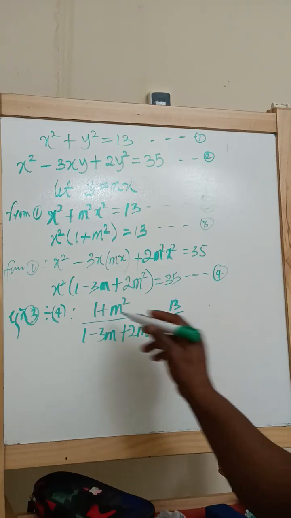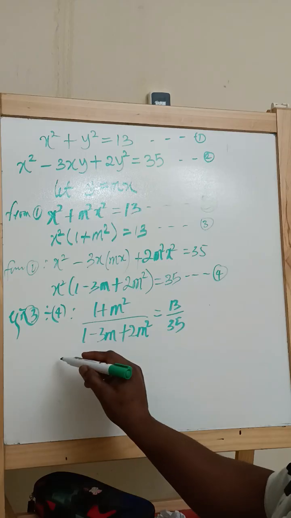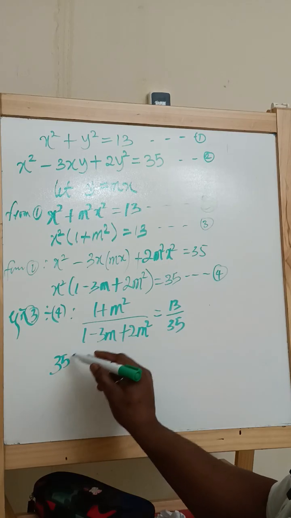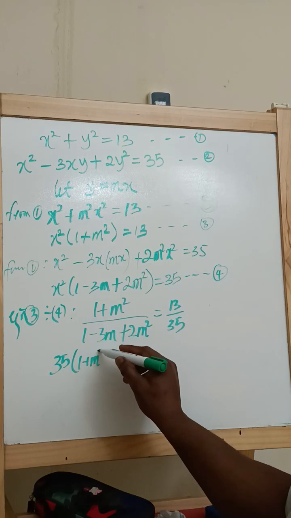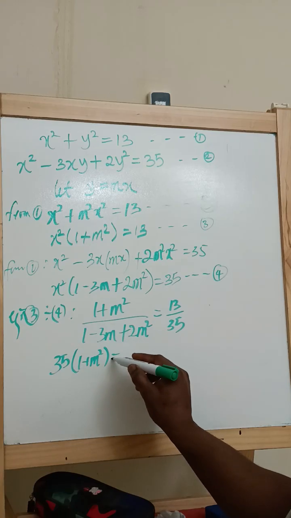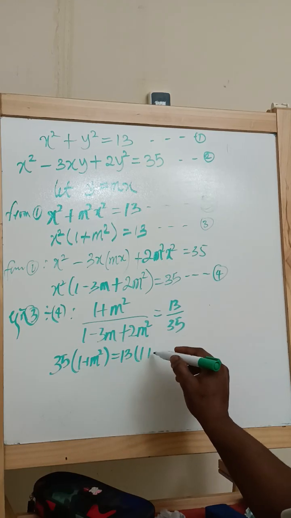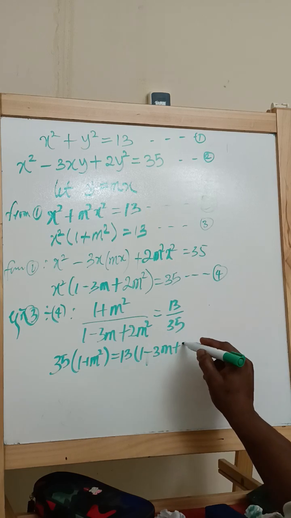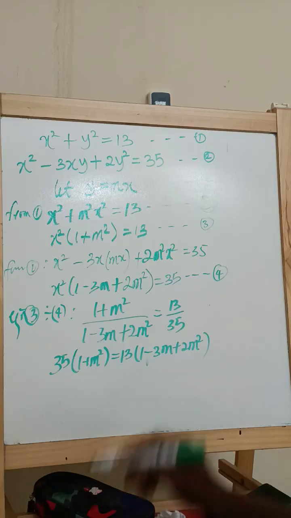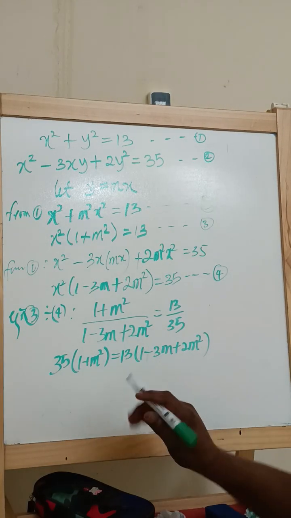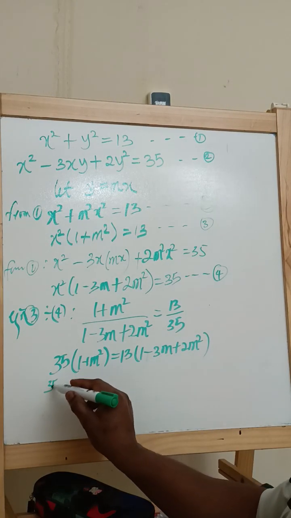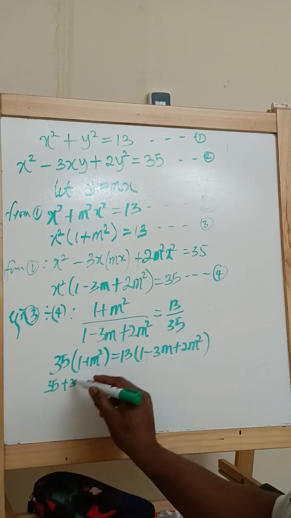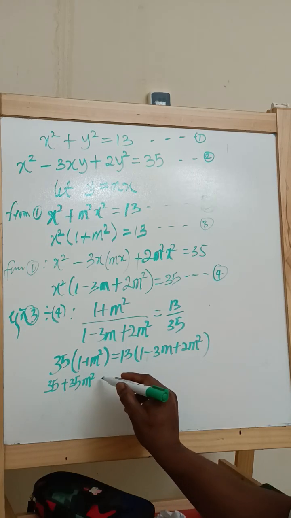So this is going to be 35 times 1 plus m squared equals 13 times 1 minus 3m plus 2m squared.